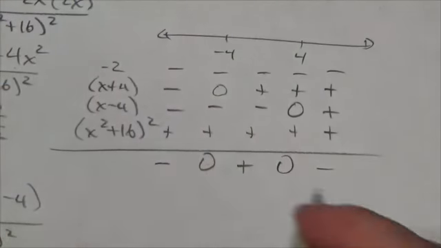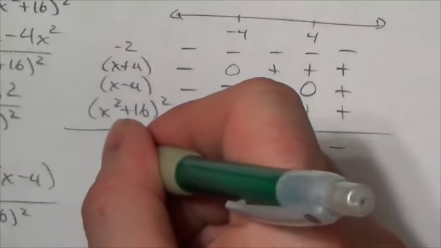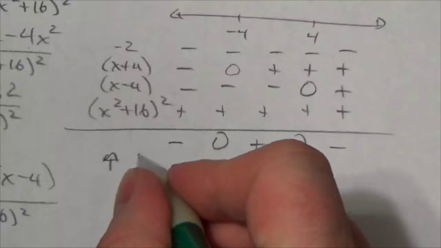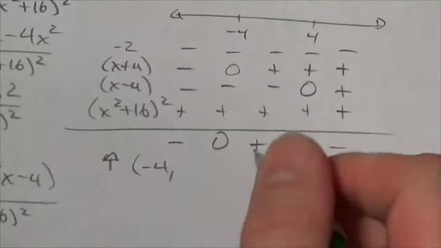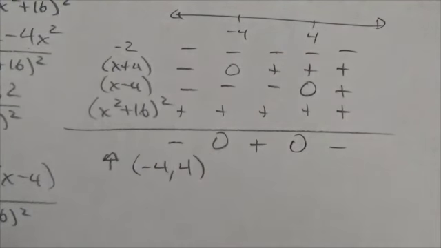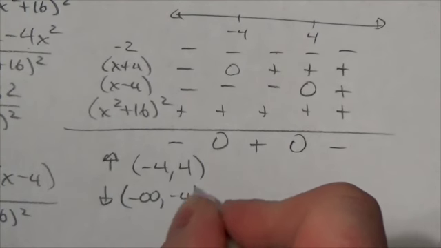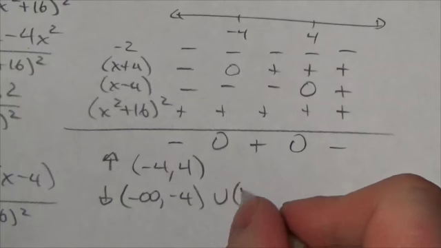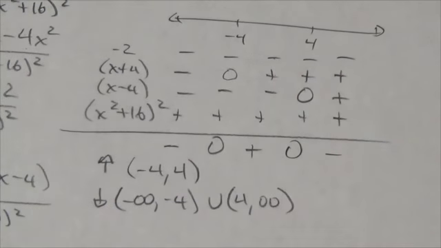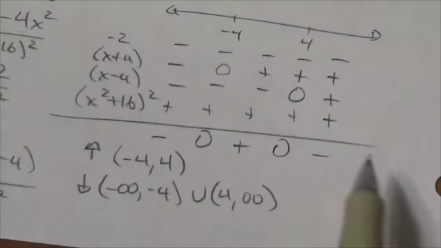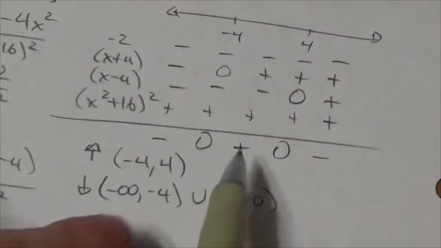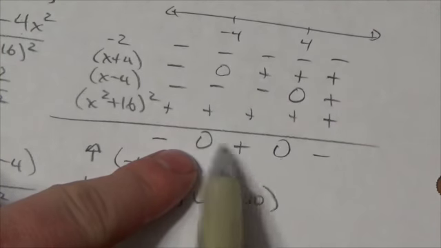So now we see that this function is increasing on the interval negative 4 to 4. It is decreasing from negative infinity to negative 4, and then from 4 out to infinity. Okay, so what we're seeing here is we've got, at these 2 points, these critical numbers.